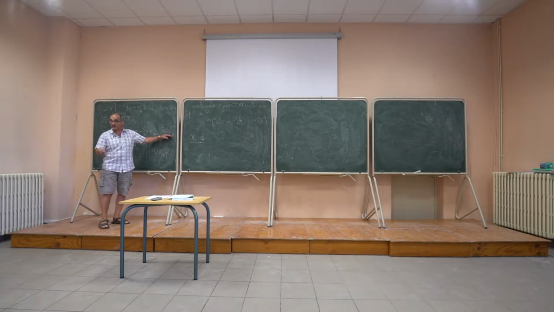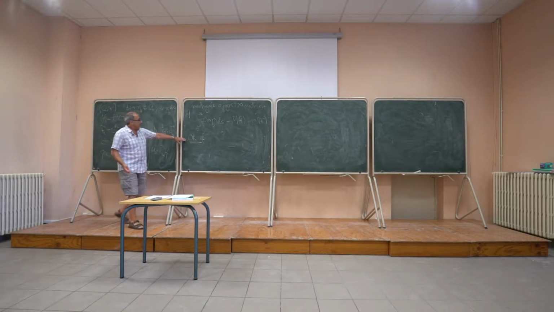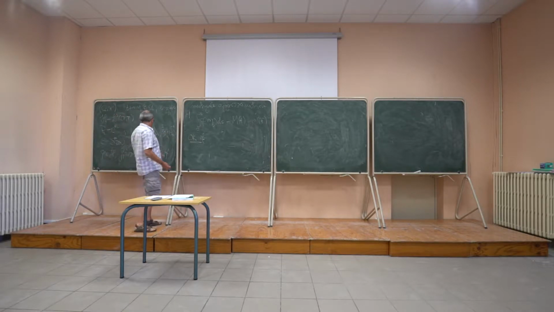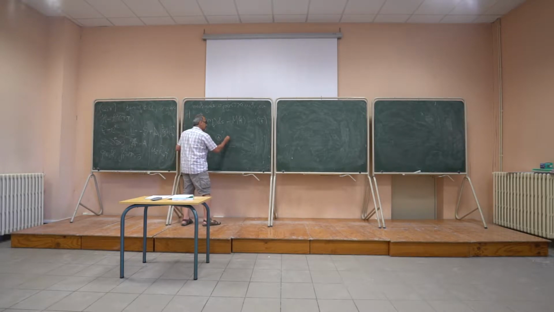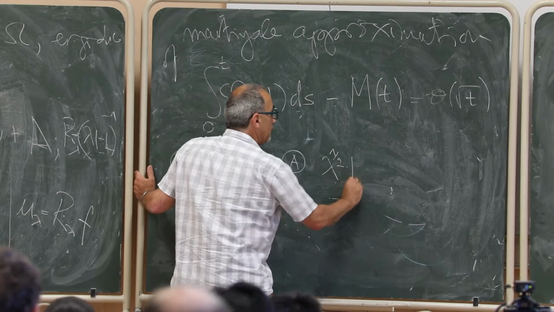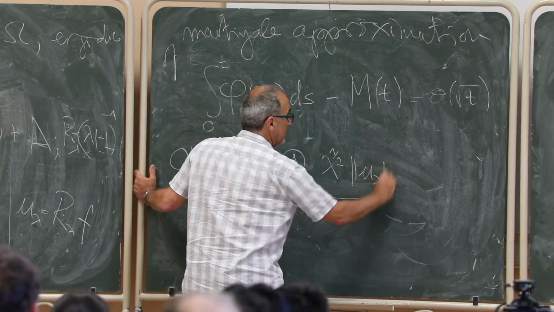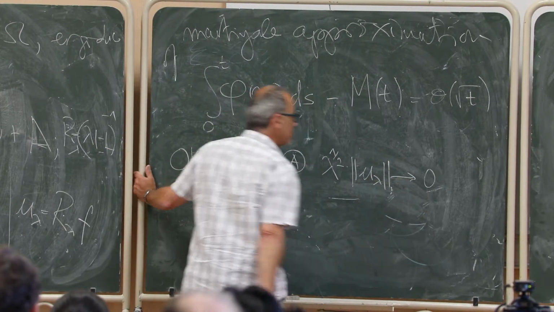As long as lambda is positive, this is a bounded operator. And this is okay if the following two conditions hold. The first condition, which I called A, was that square root of lambda times the norm of u lambda converges to 0.